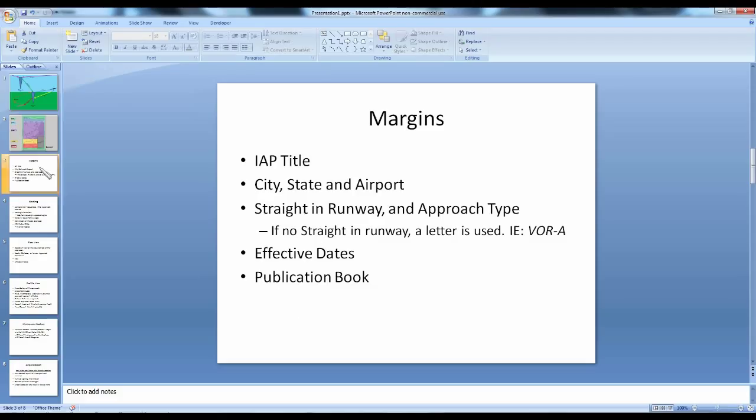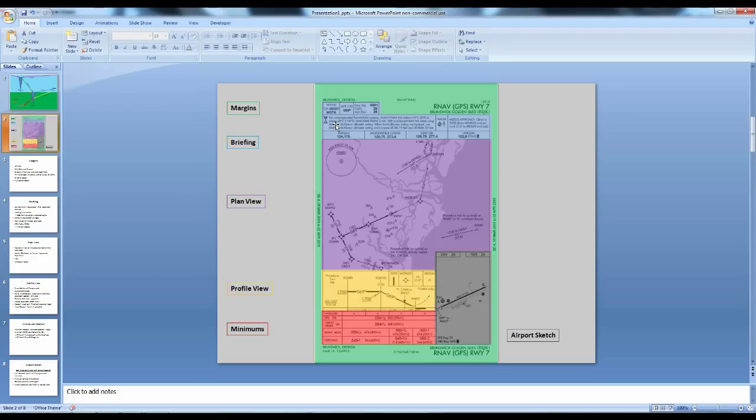It also contains the publication book. So approach procedures are public knowledge, and they're published in U.S. terminal procedure publications, of which there are a lot. They divide the U.S. into certain sections: northwest, southwest, north central, south central, northeast, southeast, yada yada yada, and each one has a number.